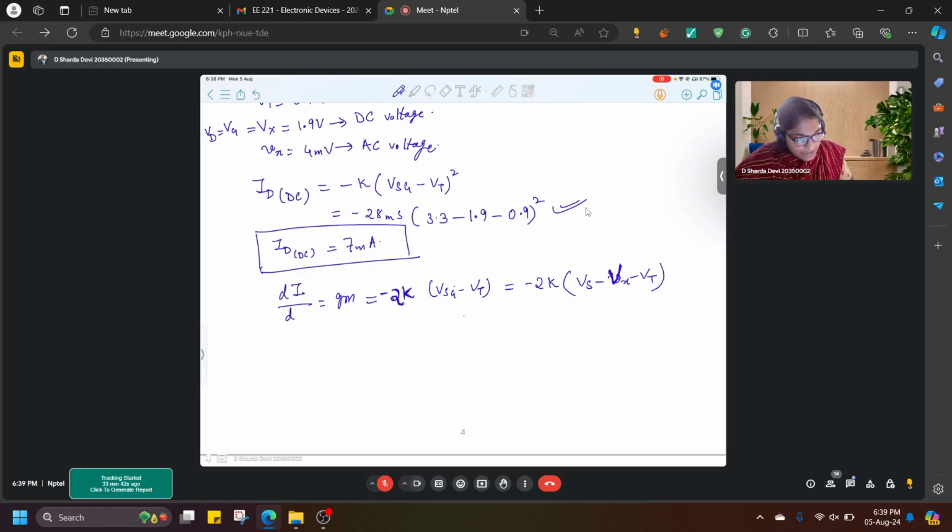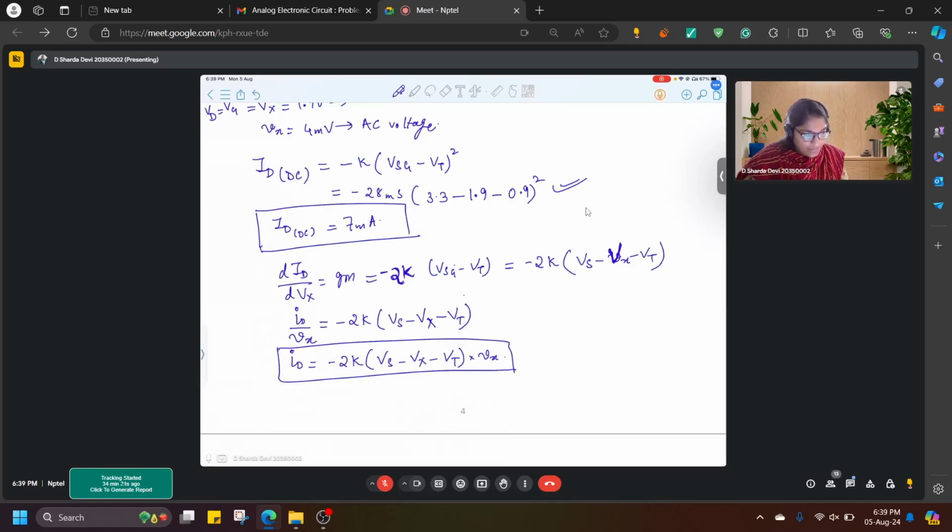Let's say this is capital ID, capital V. Small changes can be written as small id by small v. Change in ID is small id, change in VS is small vs. It is also equal to your AC, so this is 2 times K (VS minus VX minus VT). So small id is minus 2K (VS minus VX minus VT) into small vs.